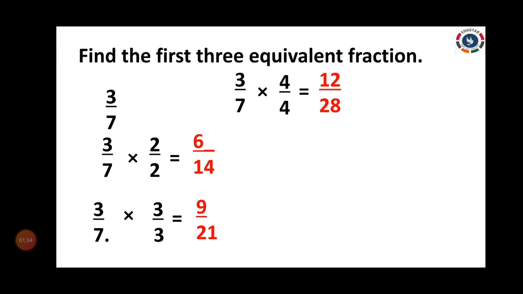So we found the first three equivalent fractions. All the red values are equivalent fractions. Therefore 3 by 7 is equal to 6 by 14, is equal to 9 by 21, is equal to 12 by 28. So these are the first three equivalent fractions for 3 by 7.